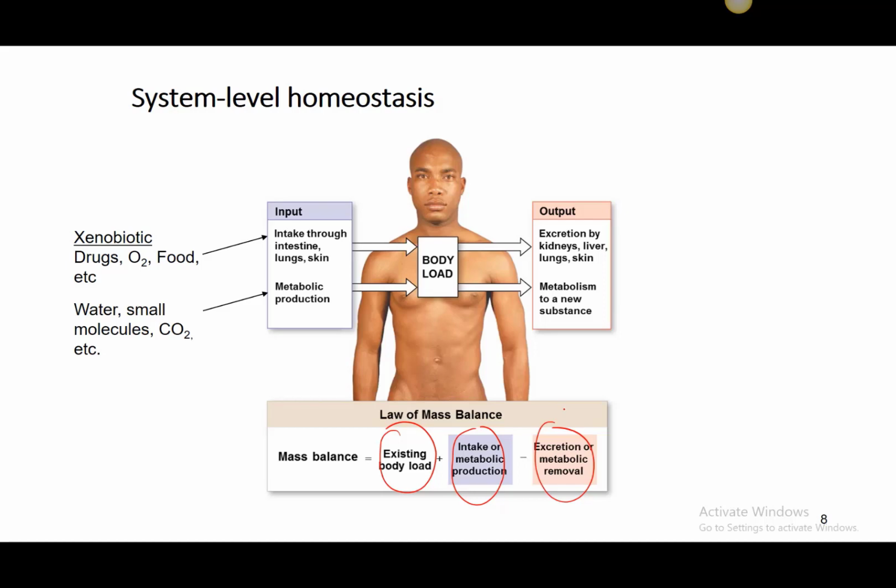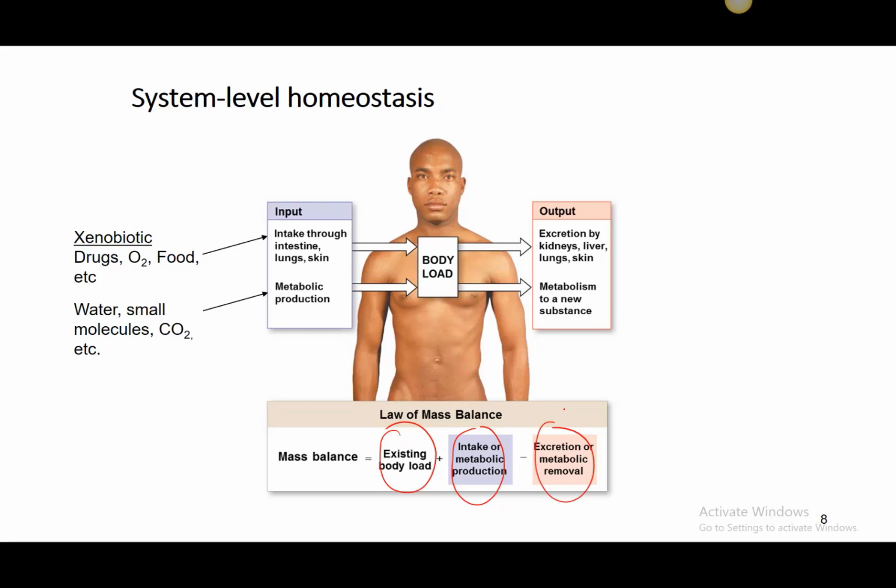The intake, such as food, air, water, and medicine, should be offset by the loss, which is excretion and metabolism. For example, water lost in sweat and urine must be balanced by water intake plus metabolic water production.